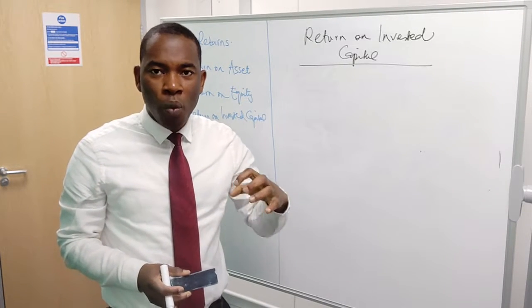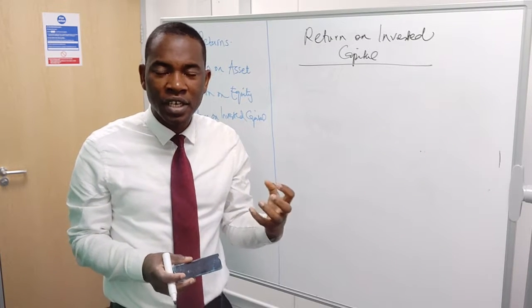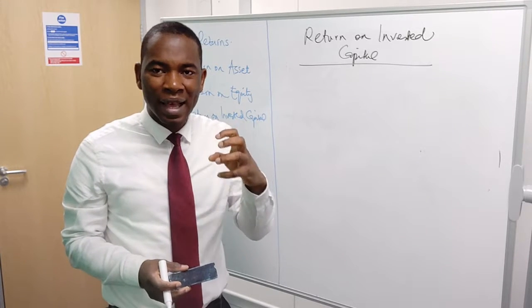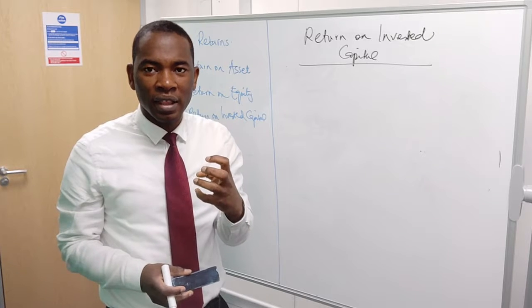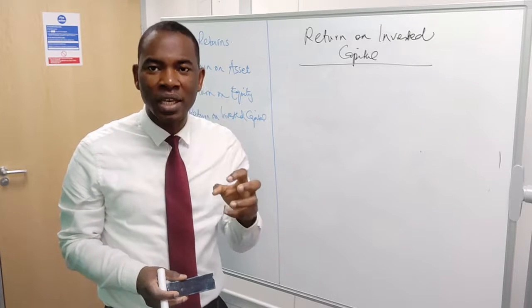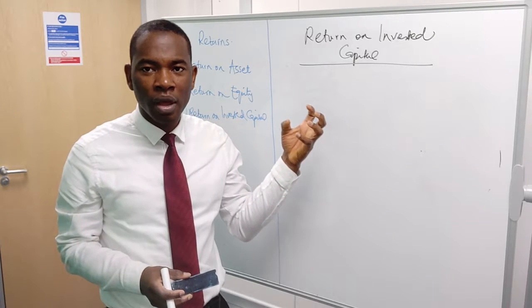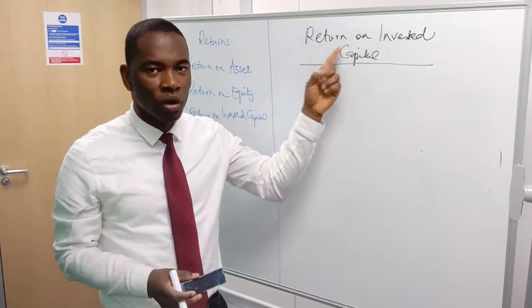Such that what is left to measure the efficiency of the company is actually that amount of resource that the company actually employs to giving you that net income. That is what this does.